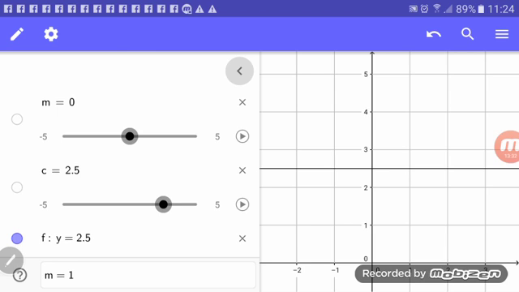If, however, we've got a vertical line, then we would say it's undefined, and then it would become x equals a number. Okay, so x equals a number will give us a vertical line, which I can't quite do right now, but I can still show you in class.